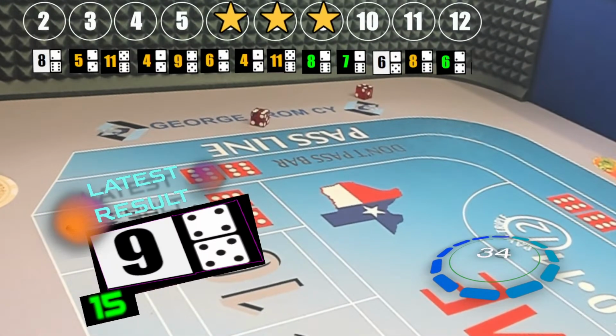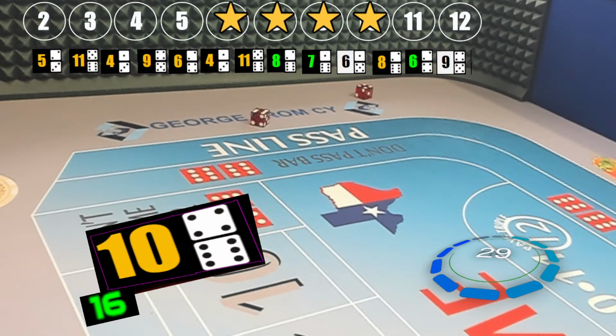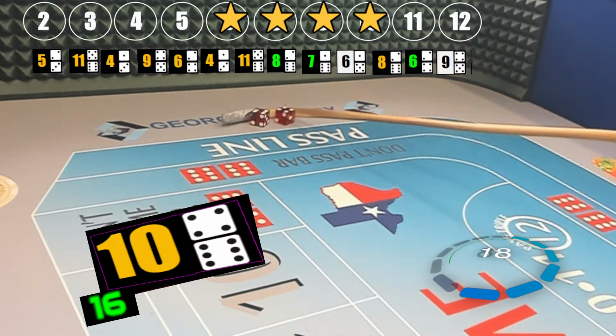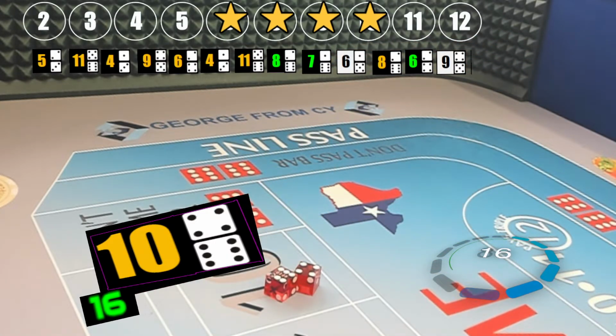That's 10 hits. We're gonna come down. This is the second regression. Presenting the dice.